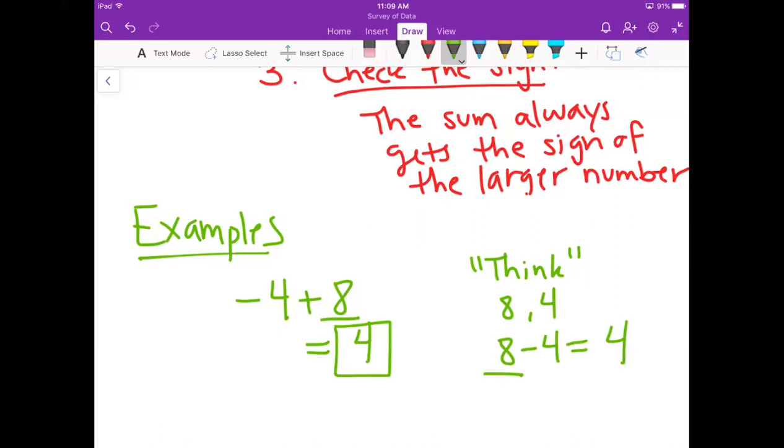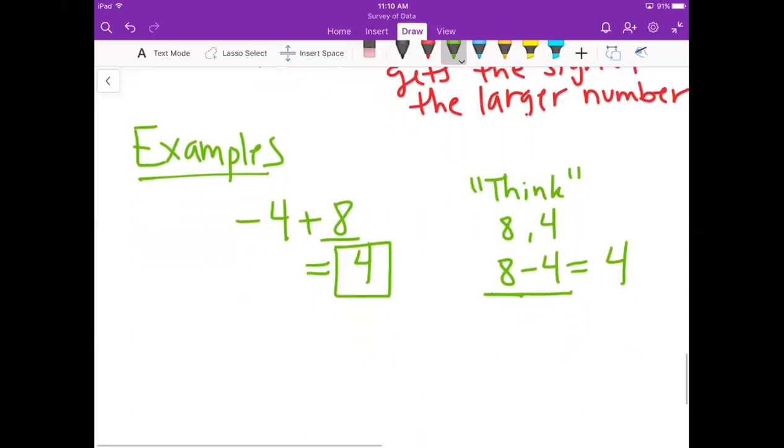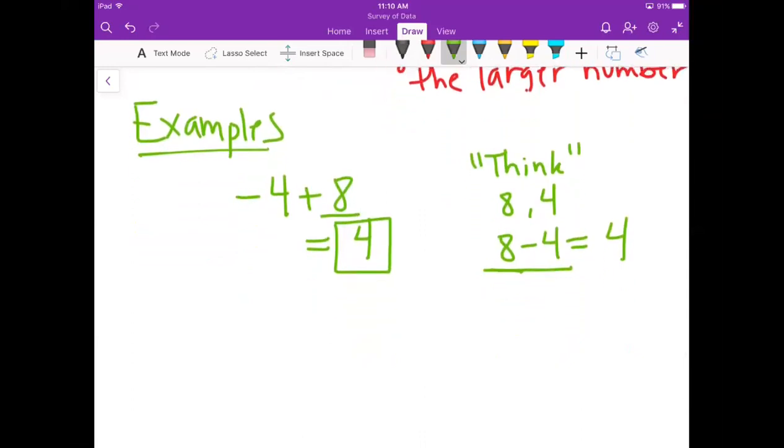So essentially, when you're adding numbers of opposite signs, you're always doing a subtraction problem, and your final answer gets the sign of the larger number. So what if you take 5 plus negative 12? Again, we're thinking in terms of absolute values. My numbers are 5 and 12.